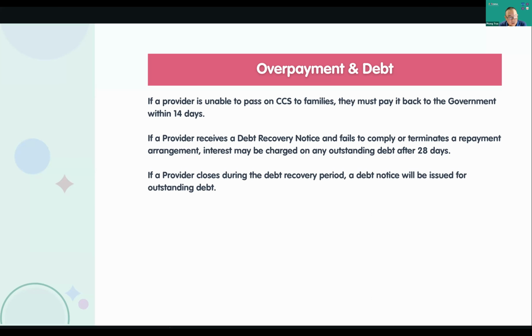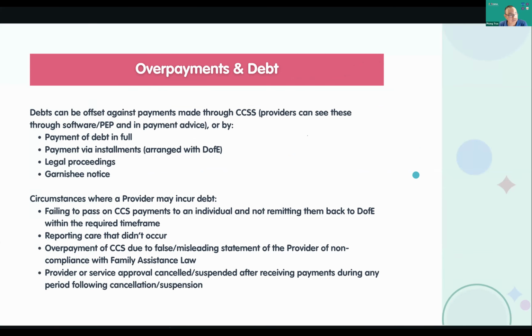Now, if a provider closes during the debt recovery period, a debt notice will be issued for outstanding debt. Just to sum up, CCS debt can occur. If the debt is small, it can be offset against future payments.